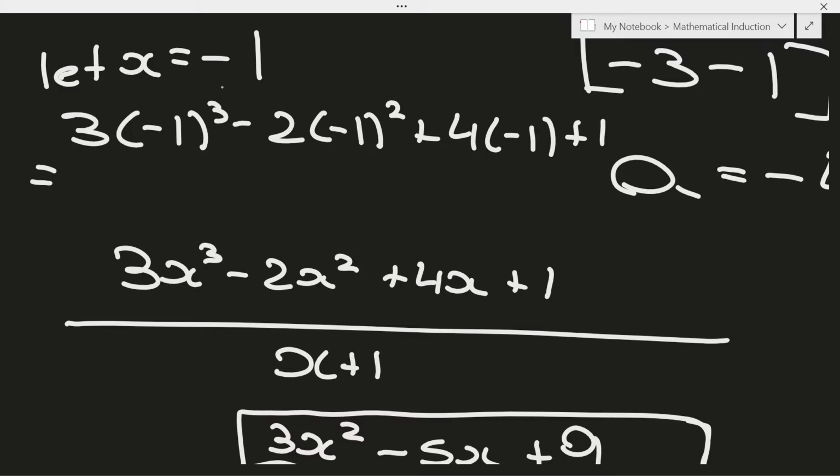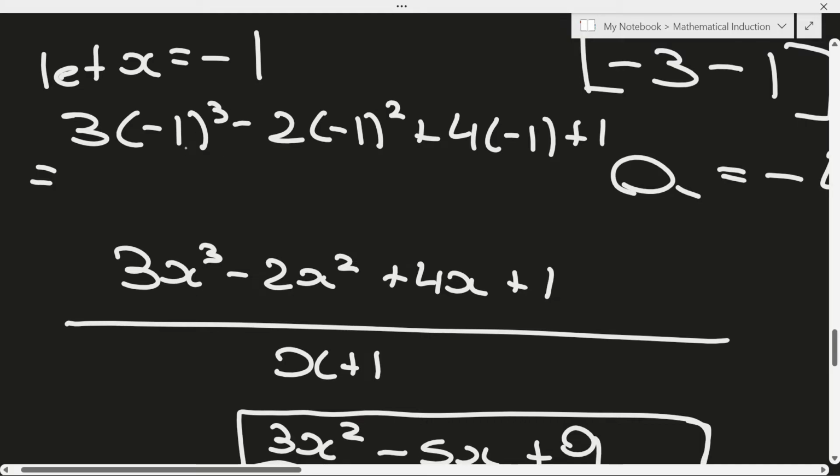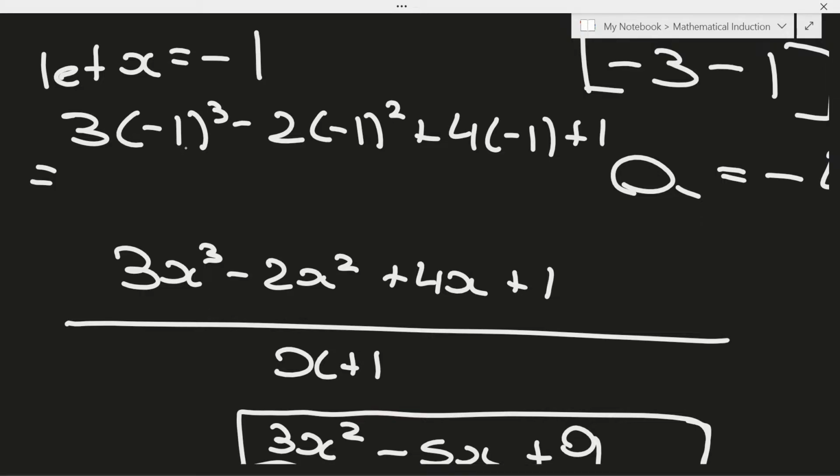Something you should know, whenever something is inside a bracket, and I mean this for just numbers that are going to be squared, or cubed, for example, anything that has an odd power will be negative, and if it has an even power, it will be positive. So since the power right here is odd, we know that this is going to be -1. It's just a very quick way of working it out.